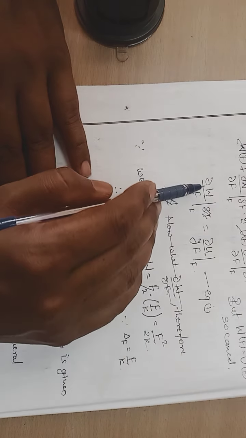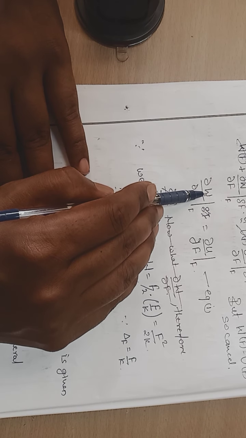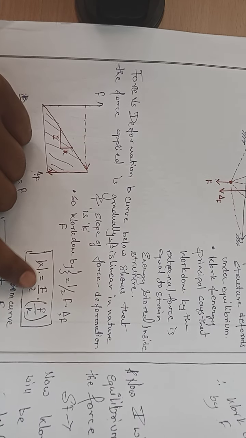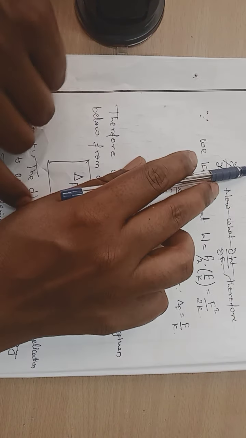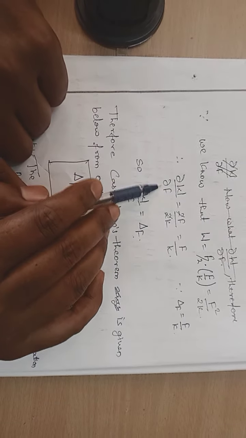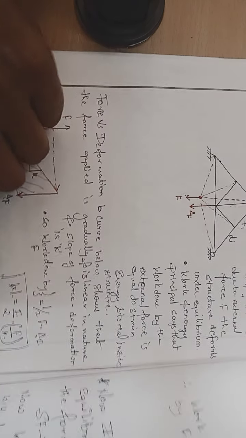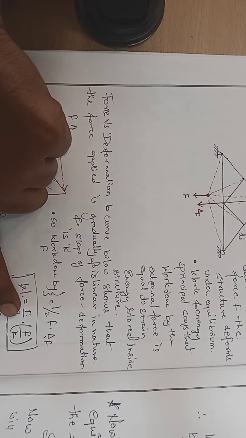Now what is dou W by dou F? We have already calculated the work done by the actual force F, that is W. We did this in the first step, when the structure is in equilibrium.